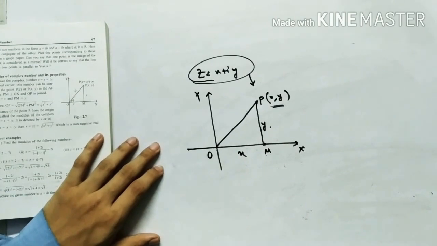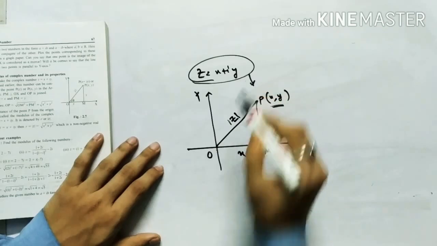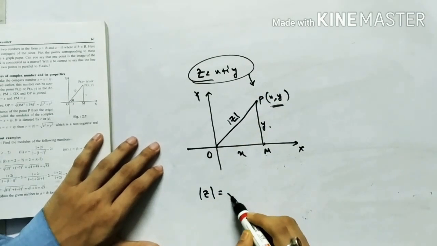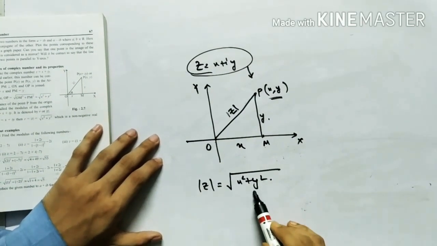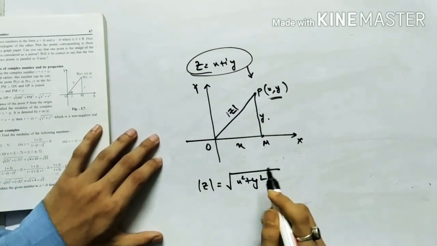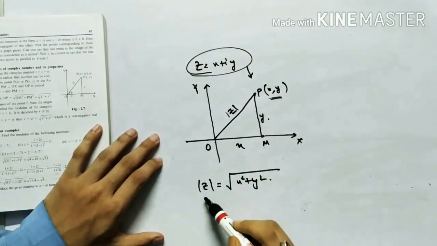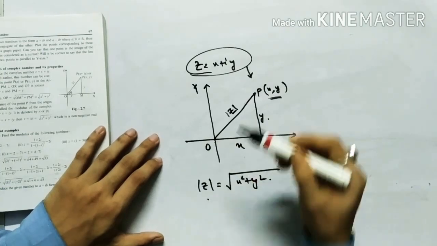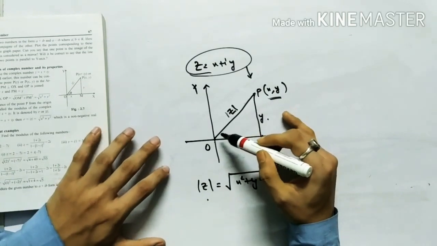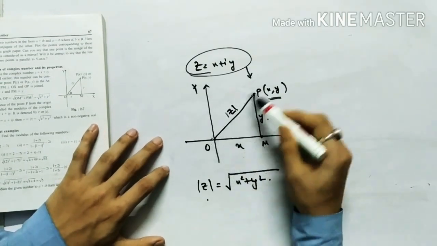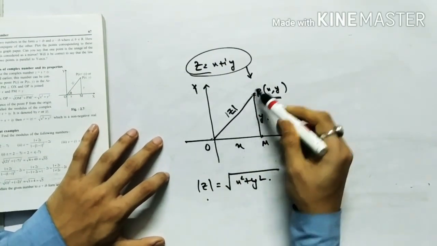Here the modulus of z, where z equals x plus iy, will be equal to root over x square plus y square. This is the distance from the origin to the point. You can say that it is the length of OP, the distance of the point from the origin.